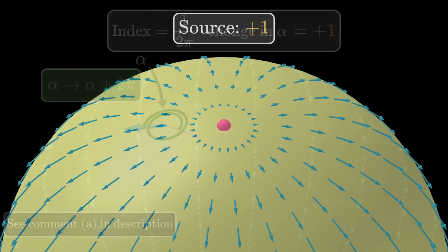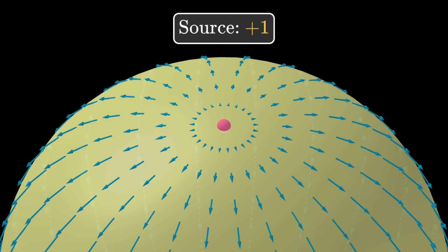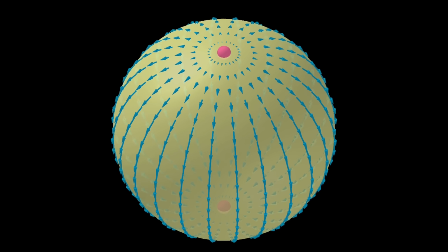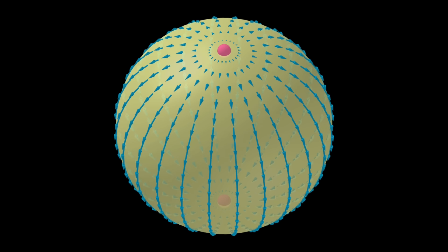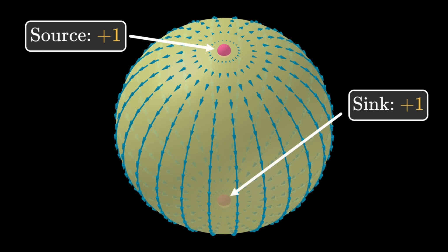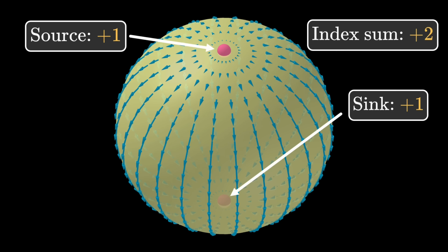Let's go beyond a single point, zoom out and look at the whole vector field on the sphere. In addition to the source on top of the sphere, there is also a sink at the bottom where all vectors point towards. Both the source and the sink have index plus 1, so the sum of indices for this vector field is plus 2.